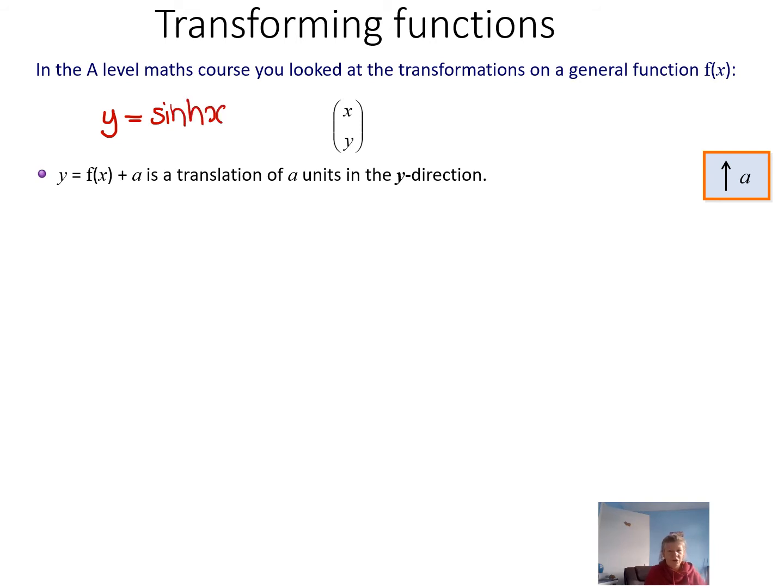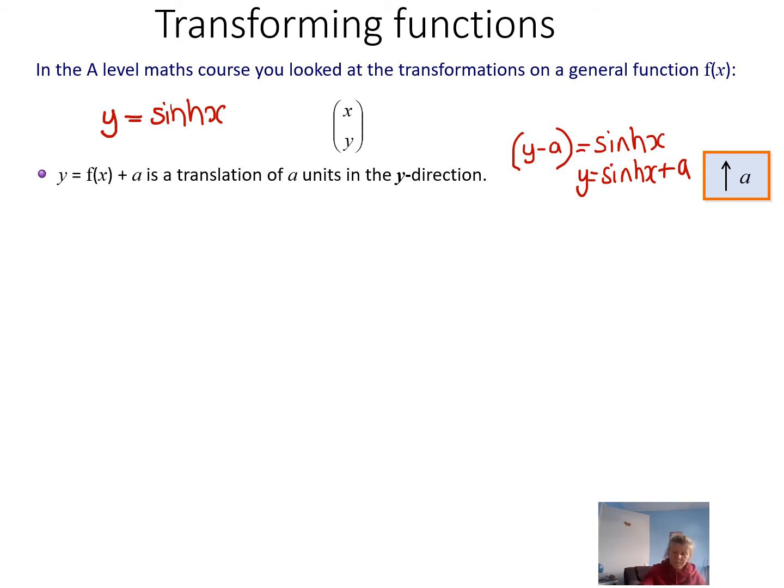A translation of A units in the y direction. If you use the replacement method, which I advise you all do, you would replace the y with y take A equals sinh x, and you get y equals sinh x plus A.